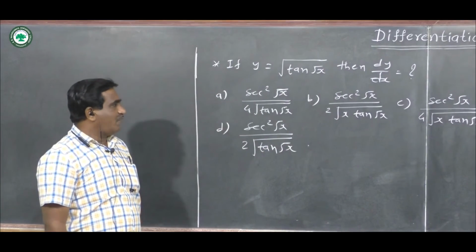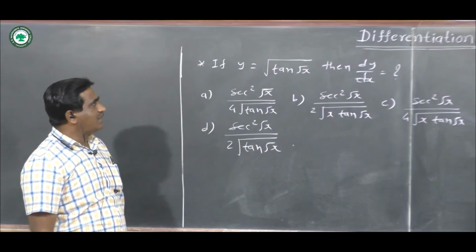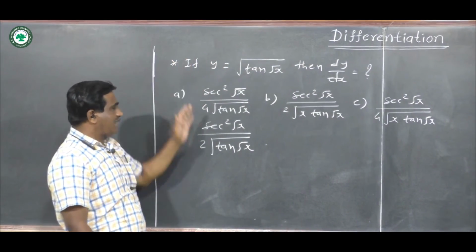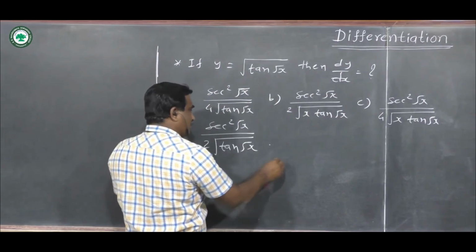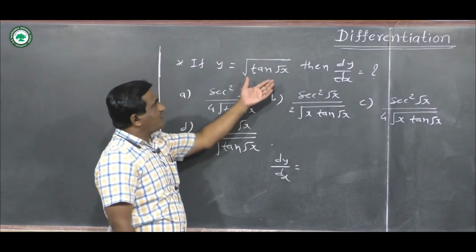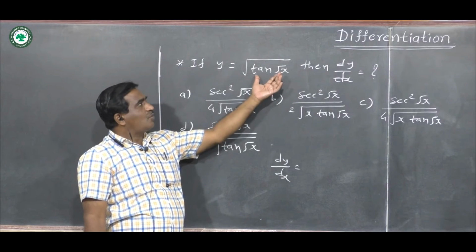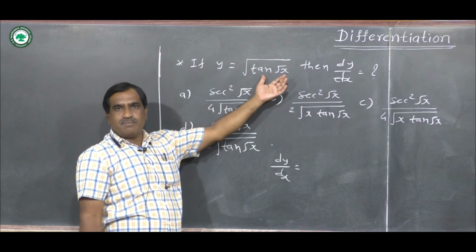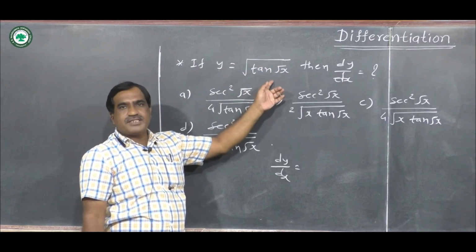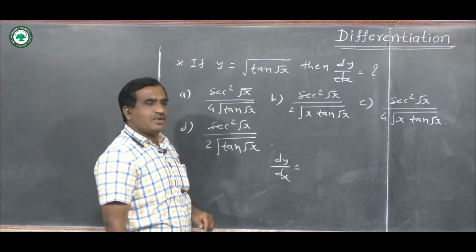Now we have to find the correct option here. That is, we have to find the derivative of this composite function. We can write directly here. Derivative of y is dy by dx, and this is a composite function. Suppose this tan of root x is f of x, and we know that the derivative of under root f of x is 1 upon 2 into under root f of x.